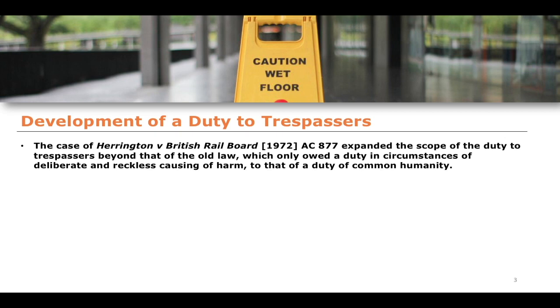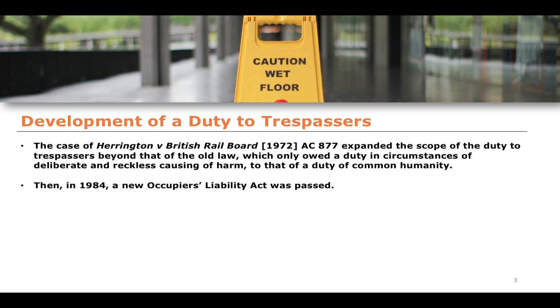Fundamentally, the old law relating to the duty to trespassers was just: don't deliberately or recklessly cause harm to a trespasser, and that's just the duty of common humanity. That was all that existed. There wasn't a special set of provisions. There wasn't a special law or relationship relating to a duty to a trespasser, and the 57 Act didn't expand on this either. It is the common law that expands on this all the way up until 1984 when we get the legislation.